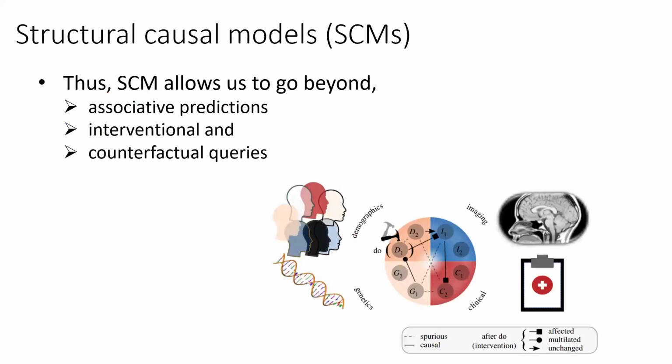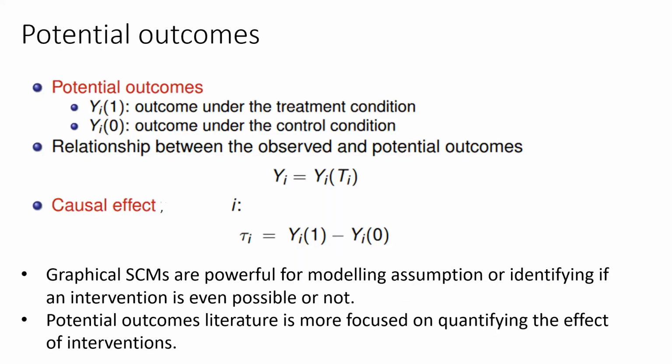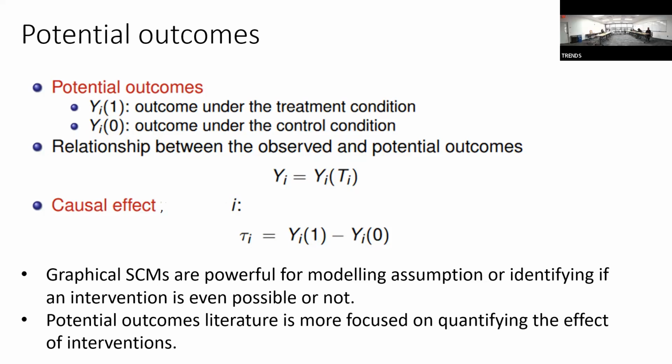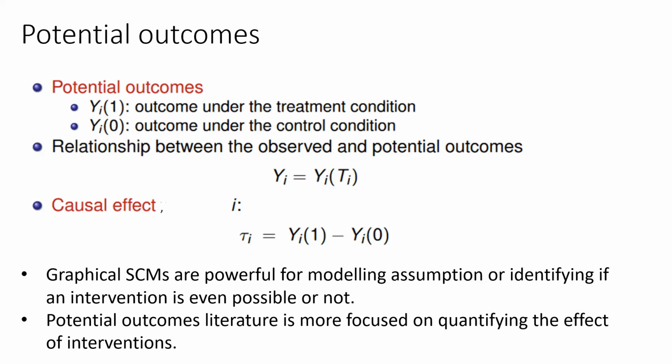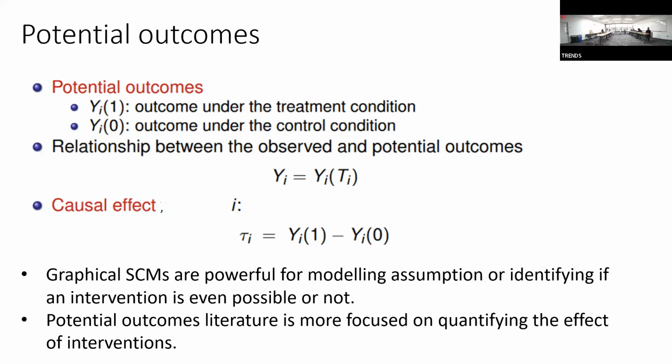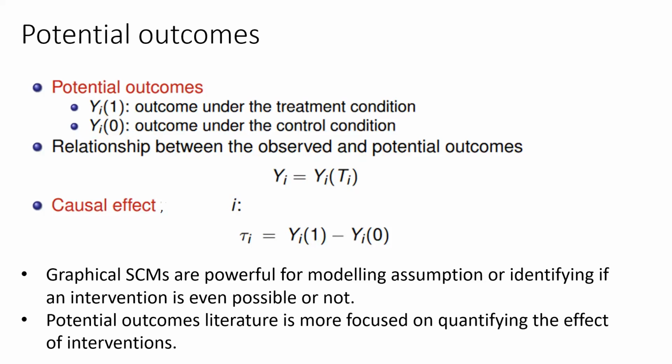So I think the SCM is used for the causal representation or data generation process. No, it's used for causal effect estimation as well, and potential outcomes is used for causal effect estimation. I mean, the potential outcome is used to quantify the effect of intervention. And the SCM is used to identify.